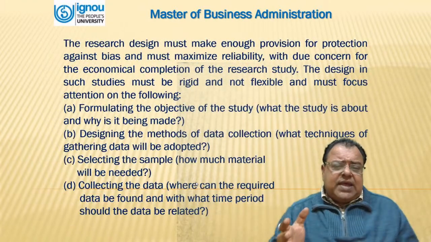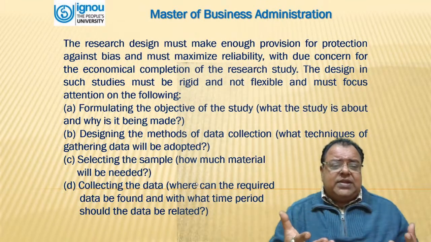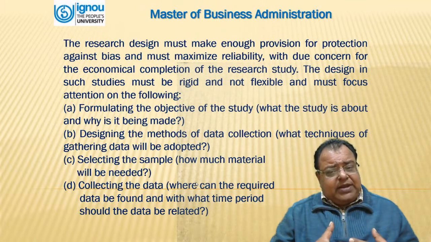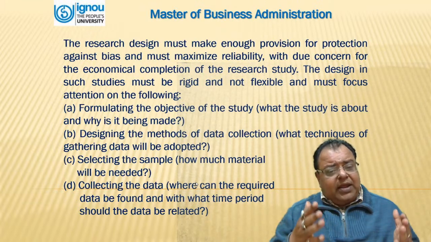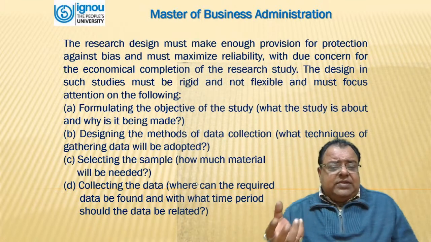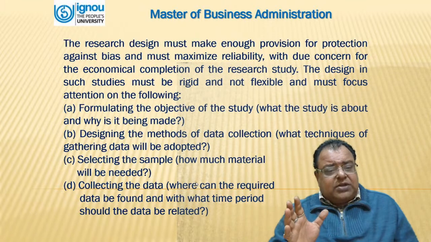The research design must make enough provision for protection against bias and must maximize reliability with due concern for the economical completion of the research study. The design in each study must be rigid and not flexible and must focus attention on the following.